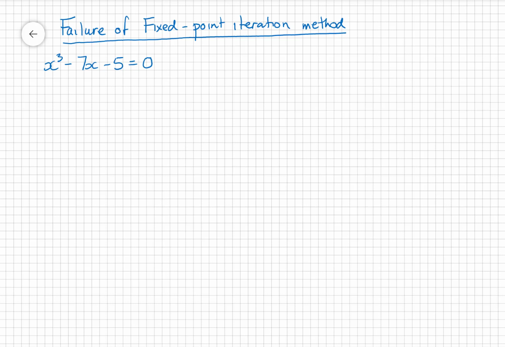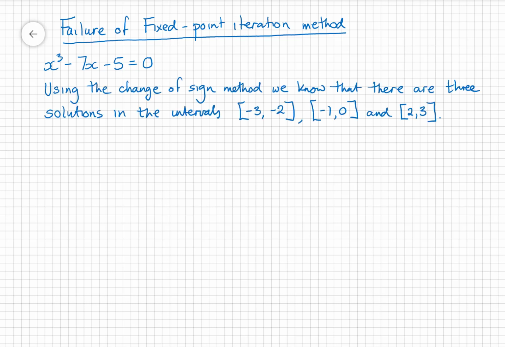What we know from the change of sign method is that there are three solutions, and we found that they are within the intervals as shown there. Our further work went on using Newton-Raphson to find the actual solutions to 3 decimal places, and they're shown as well.